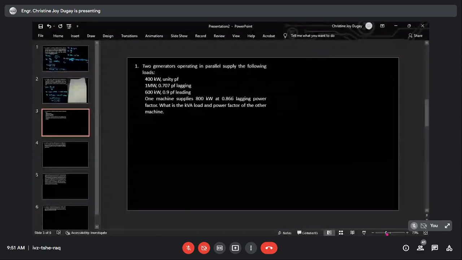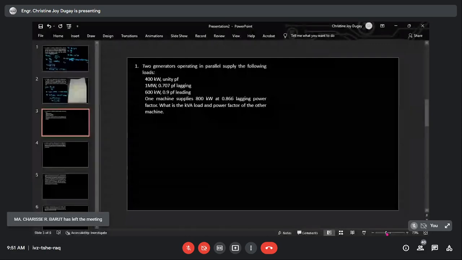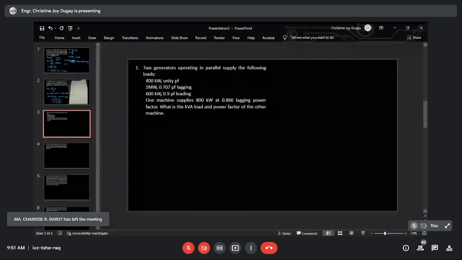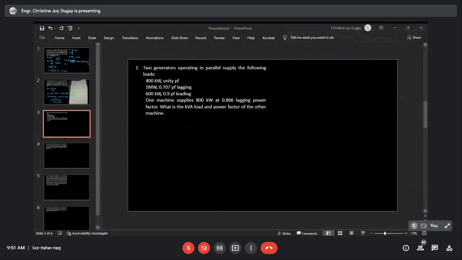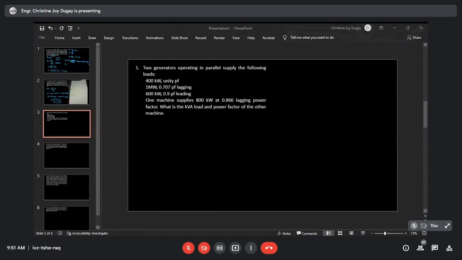Yun ang tinatanong dyan, no? So, what is now the value of the other one? We have 10 minutes siguro to solve that problem. Or if anyone who solved already, they just send to our GC their solution. Okay lang po ba?